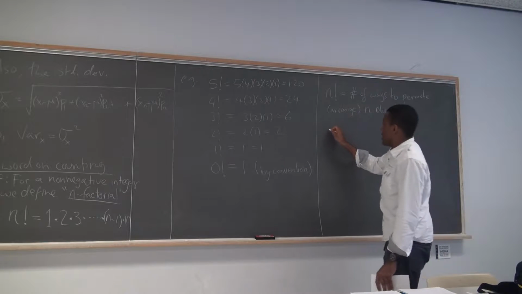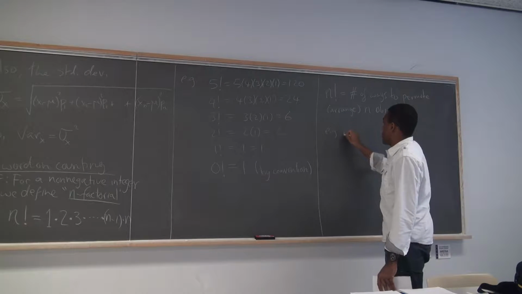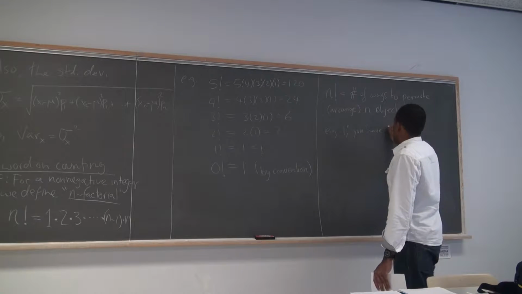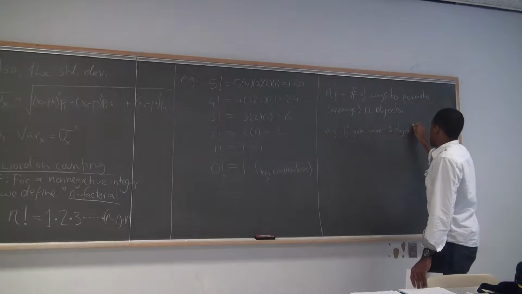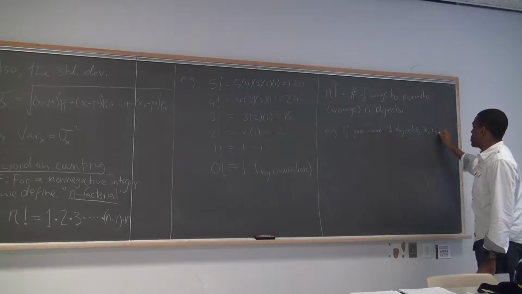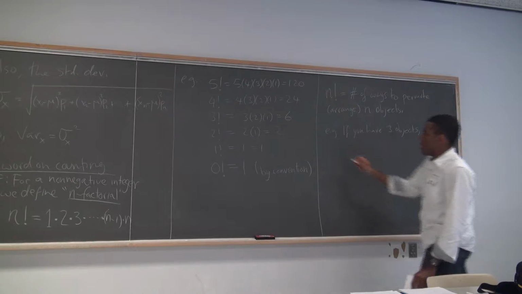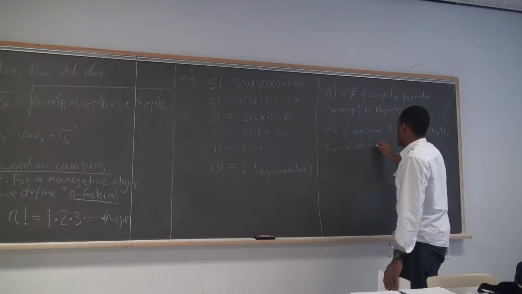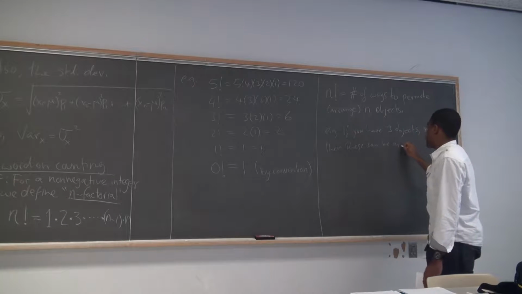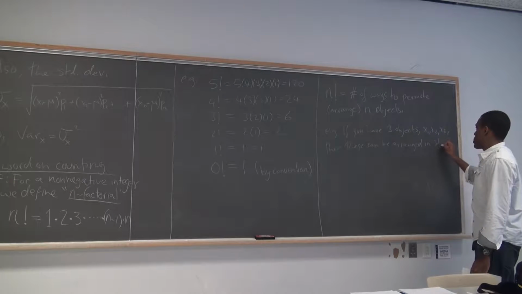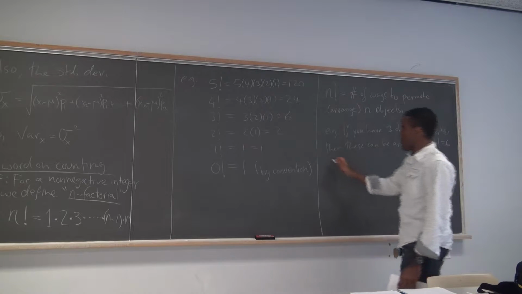So for example, if you have 3 objects, call them x1, x2, x3, then these can be arranged in 3 factorial equals 6 ways.